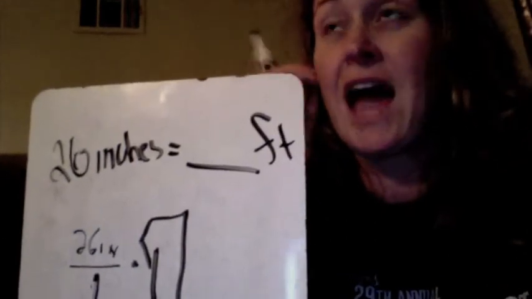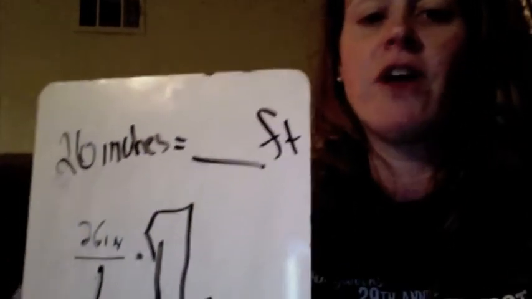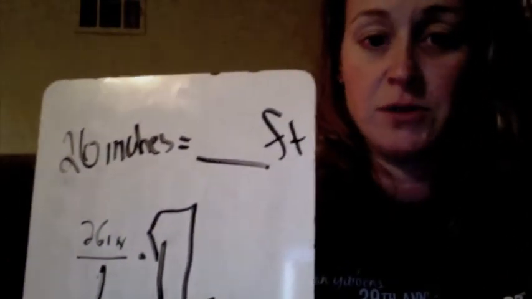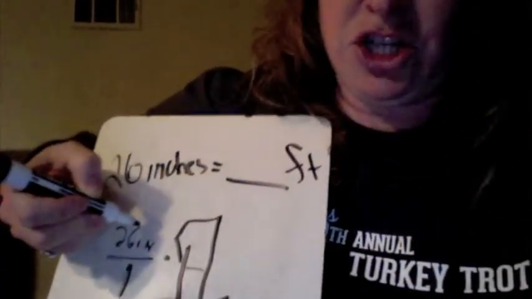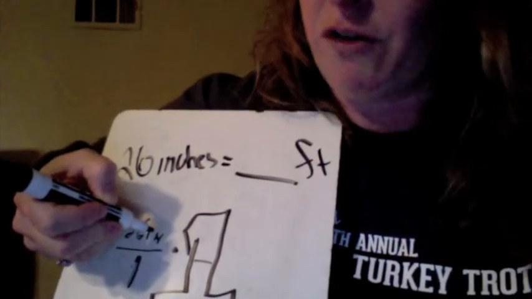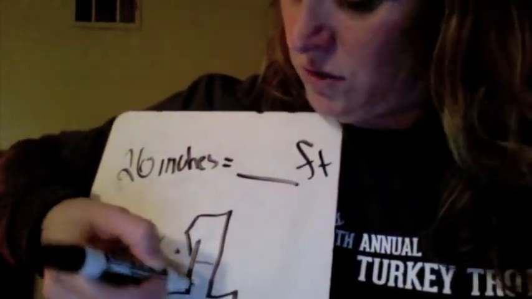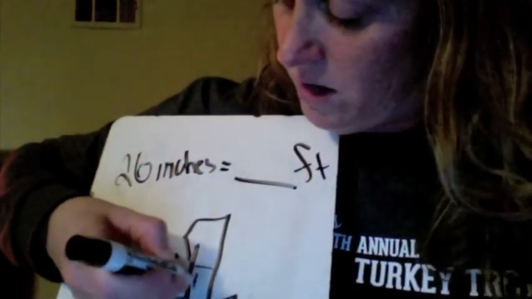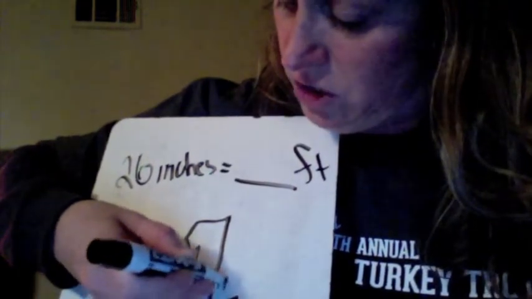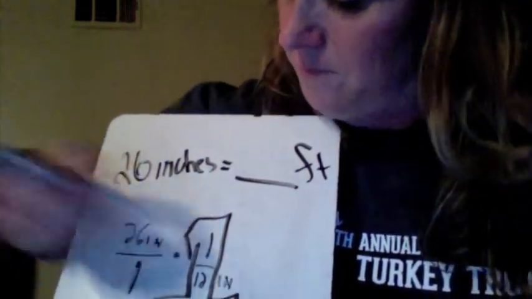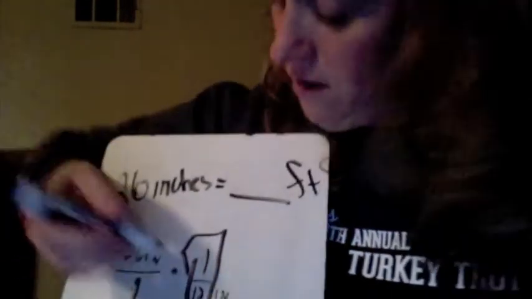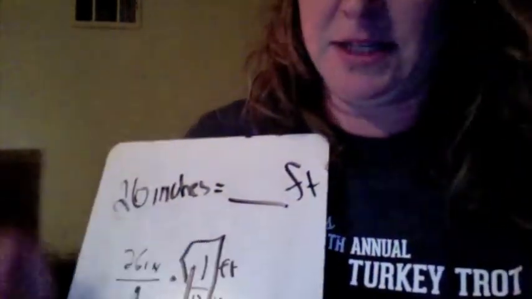You should be thinking, how do I figure that out? So let's look back at the problem. Inches are in the numerator. So in order for inches to cancel out, it needs to go into the denominator. So I know that 12 inches is going to go down here, and I know that 1 foot is the same.